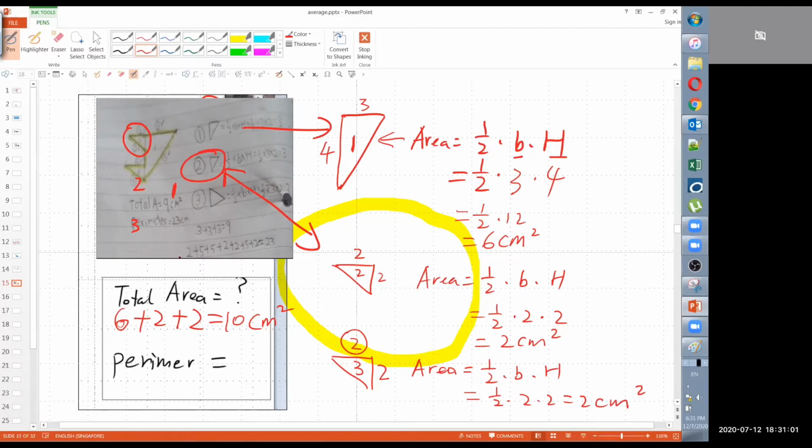Can you see? The triangle is supposed to look this way, but you forced it to look like this. I don't know why you forced it. This is the one you have written down.